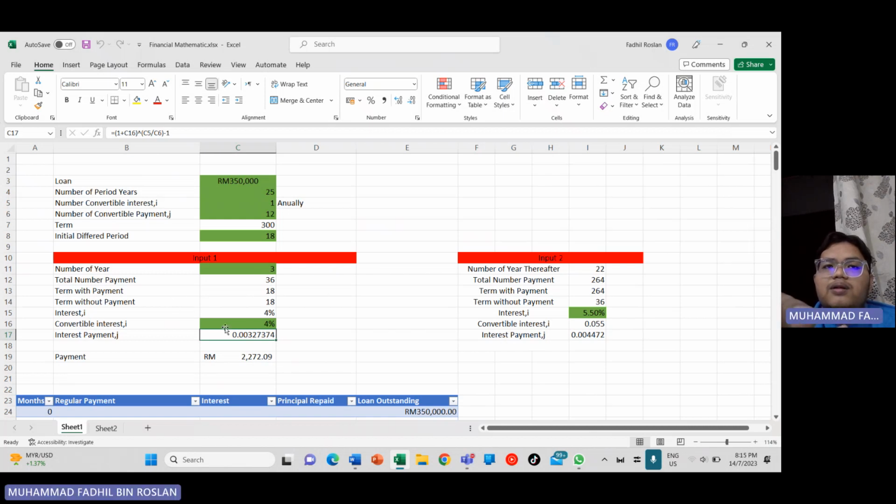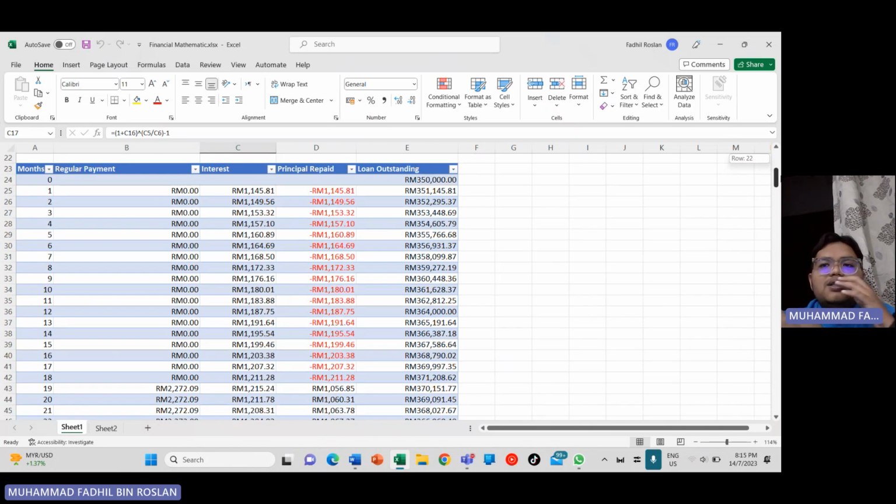For input 1 we calculate it, then we add input 2 with the same formula, giving 2,272.09.